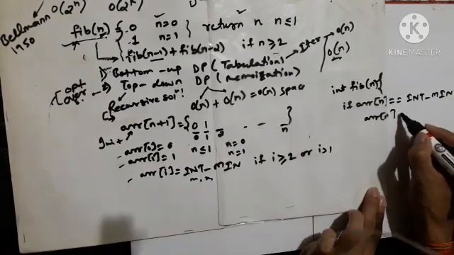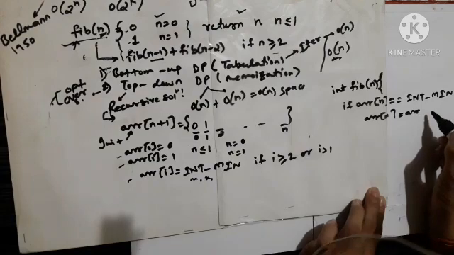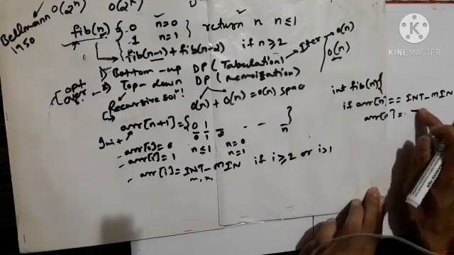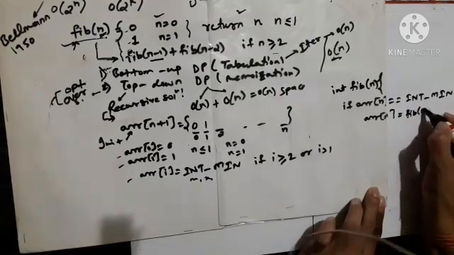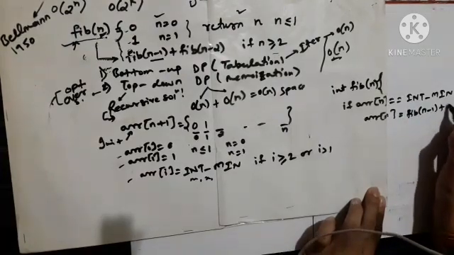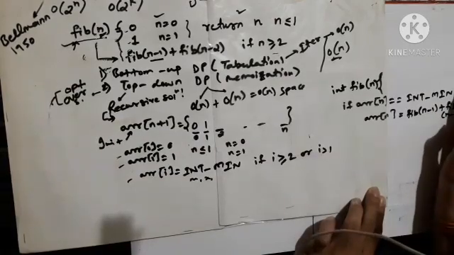Array of n is equal to fib of n minus 1 plus fib of n minus 2.